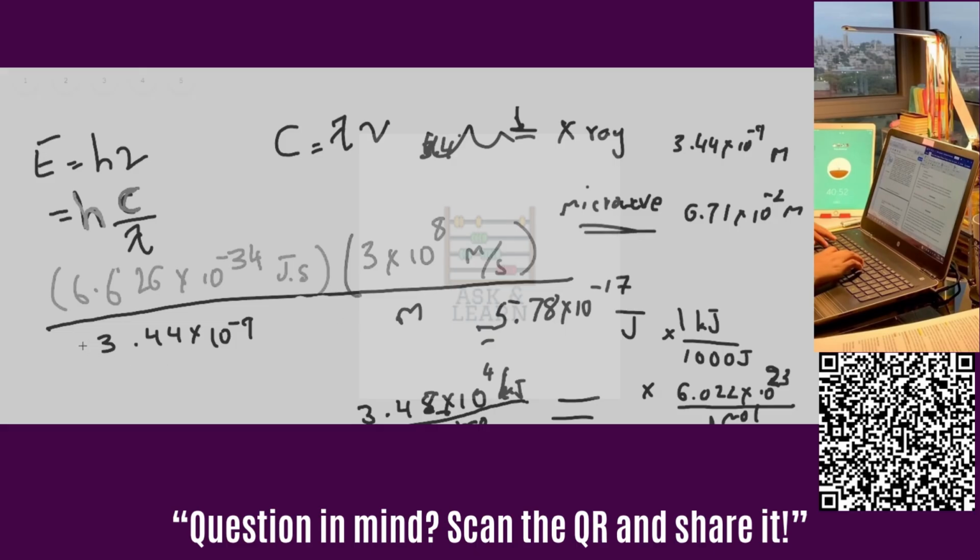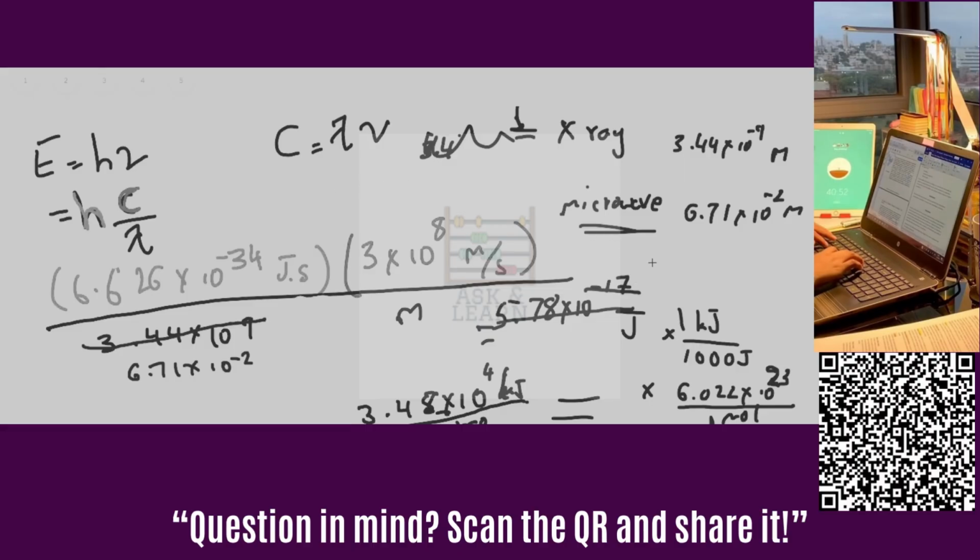All I'm doing is I'm gonna replace this number that I wrote here for the X-ray with the microwave. So you're gonna say 6.71 times 10 to the negative 2. And that means I'm gonna get a new number instead of that, right? It won't be that number, it's gonna be a different thing. So let's go ahead and see what happened. Okay, so we have that times this divided by 6.71 times 10 to the negative 2.